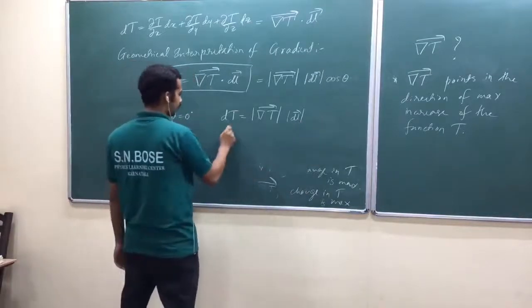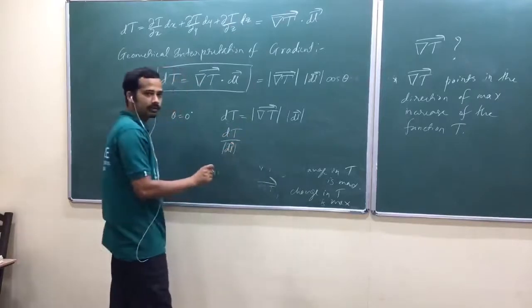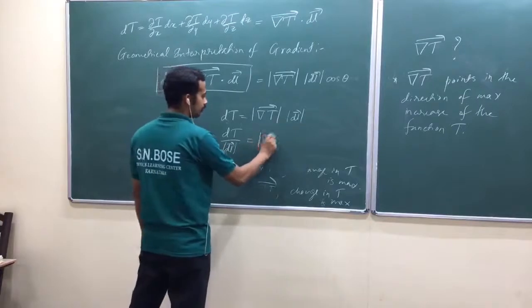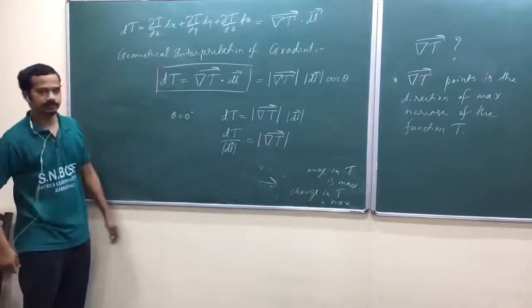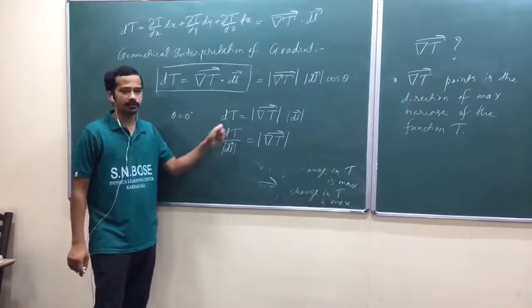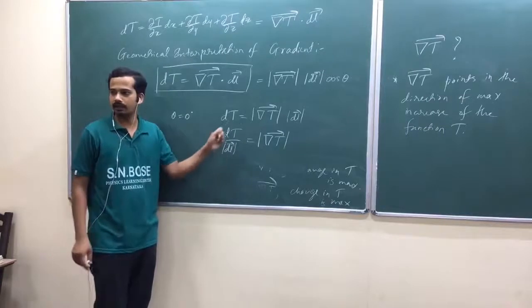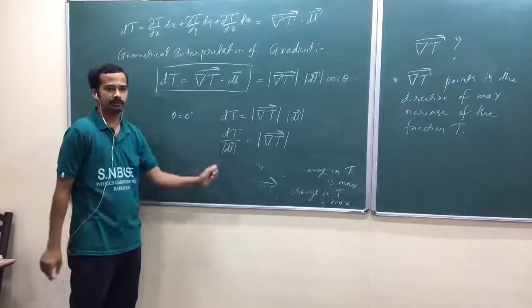So now what I do here is dT by mod of dl vector is equal to mod of gradient. Now what would you see? It's a kind of rate of change of temperature. Am I right?